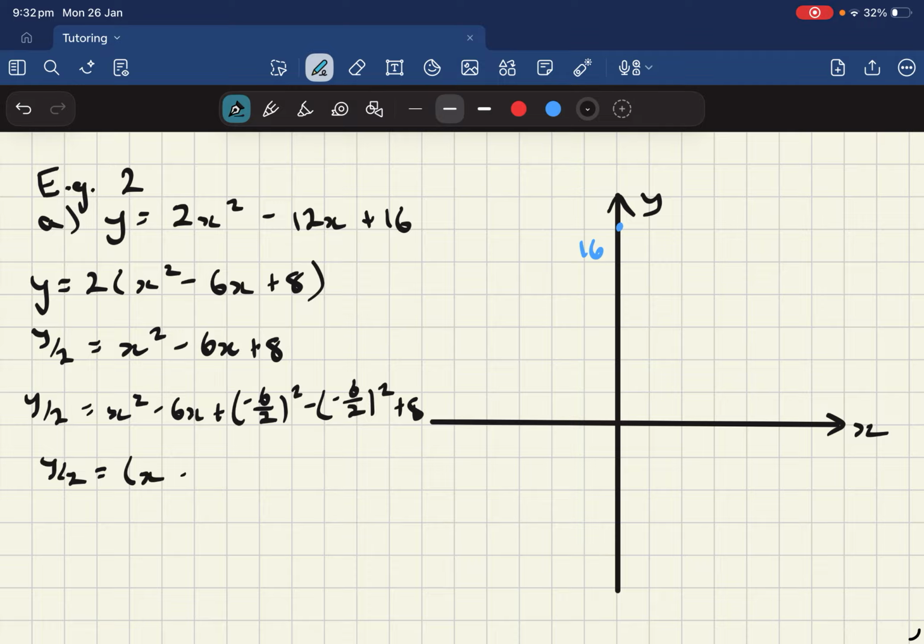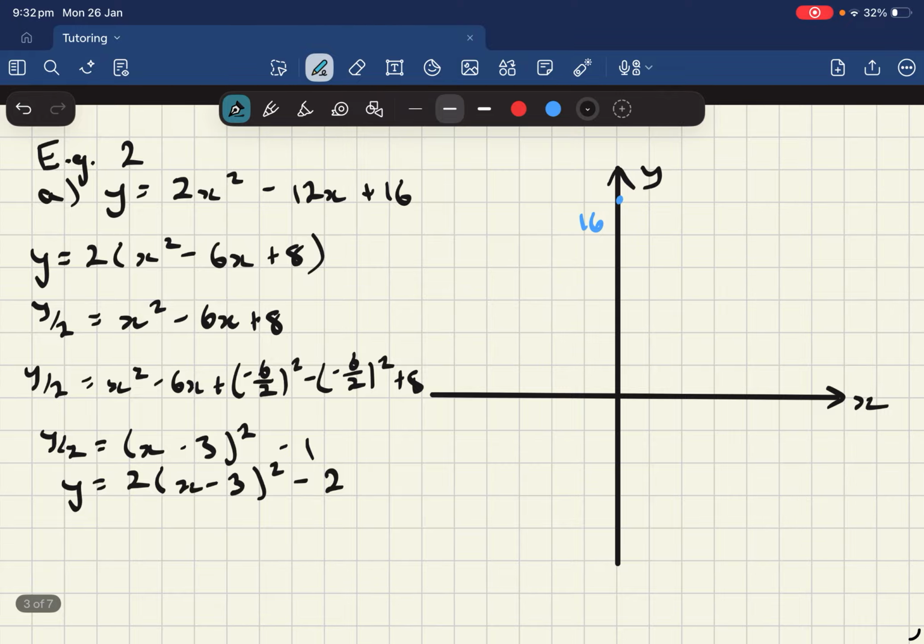So this will give us x minus 3 squared minus 9 plus 8 gives us minus 1. And then we have to multiply the 2 over again. So I get y equals 2 outside of x minus 3 squared minus 2, because that multiplies to both of these ones.